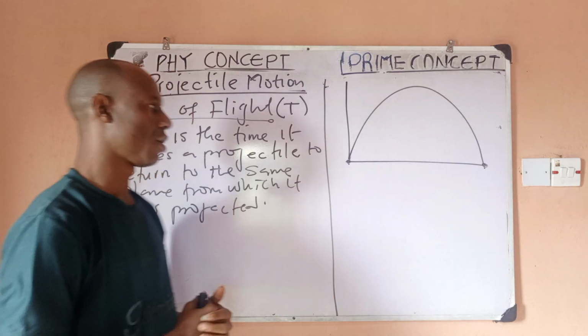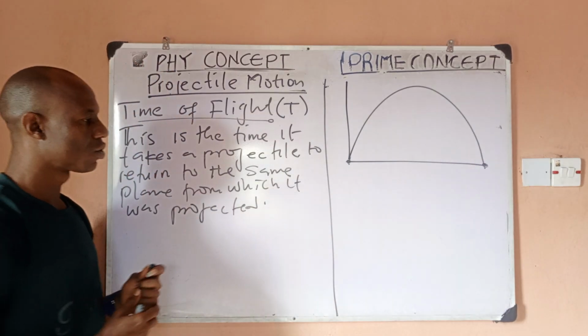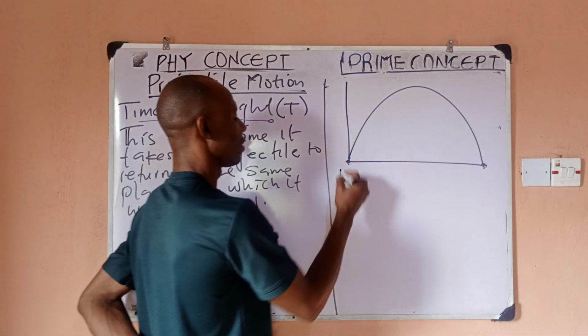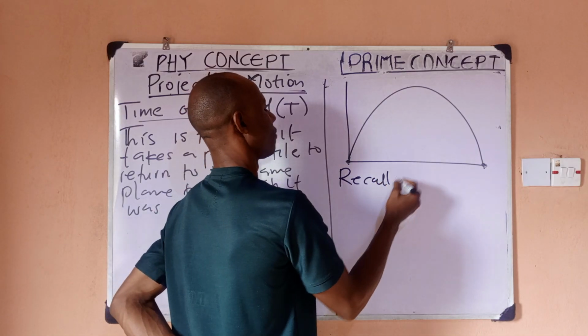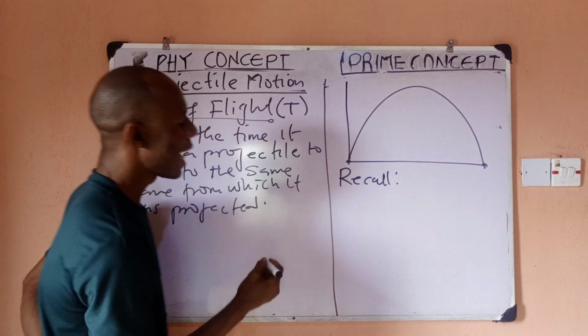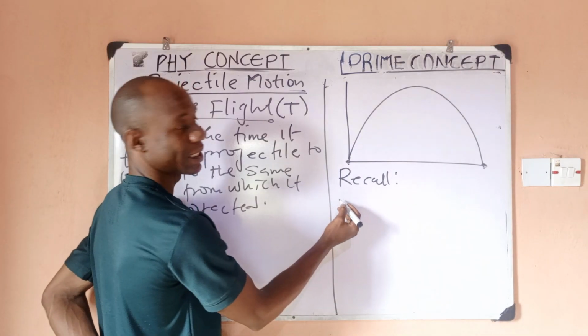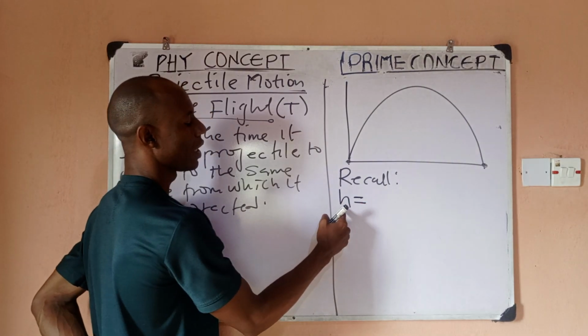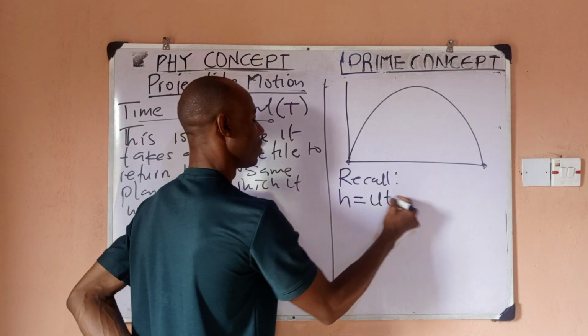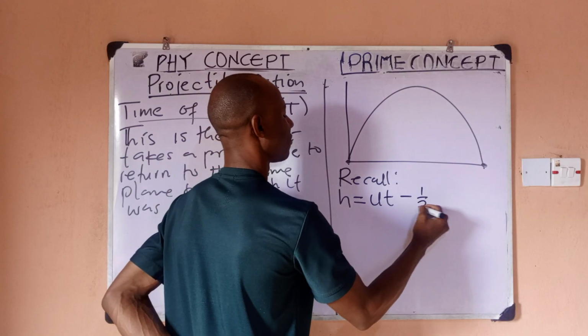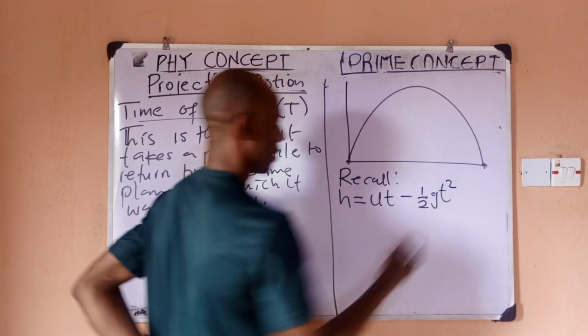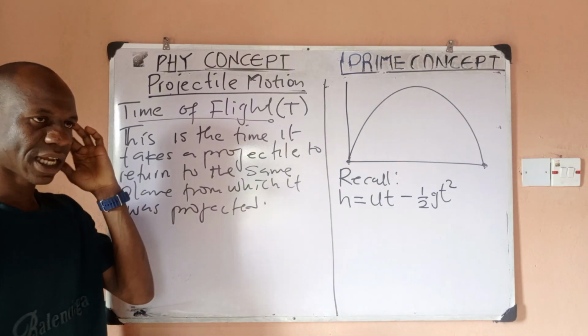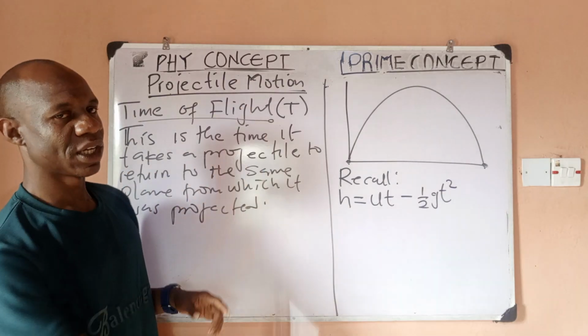Now, let's recall, the vertical height attained by a projectile according to the equation of motion is h equals ut minus half gt squared, right? This is the height, especially when that object is going up, we use a negative sign, right?